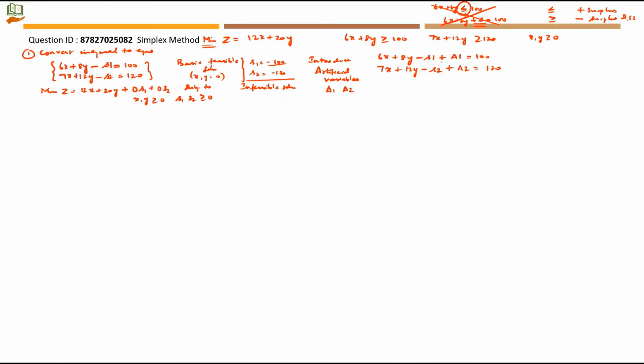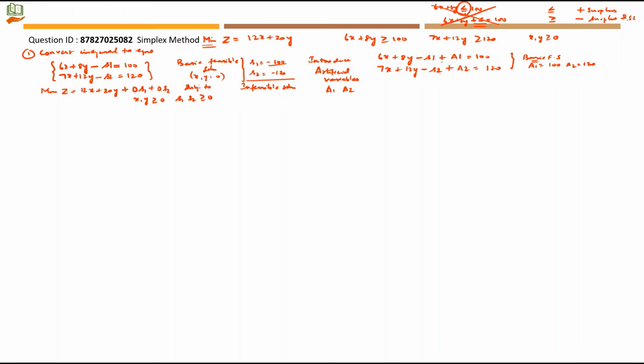Now when you try to find a basic feasible solution, I'll mark it as basic FS, we have to make everything 0, and from this we can get A1 is equal to 100 and A2 is equal to 120. Making everything 0, we are finding this. So when we have such positive numbers, it means this is a basic feasible solution.